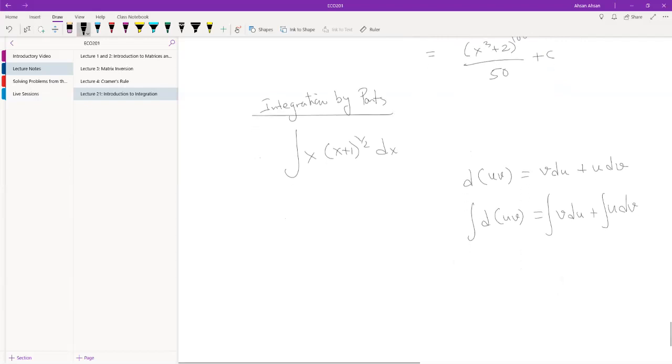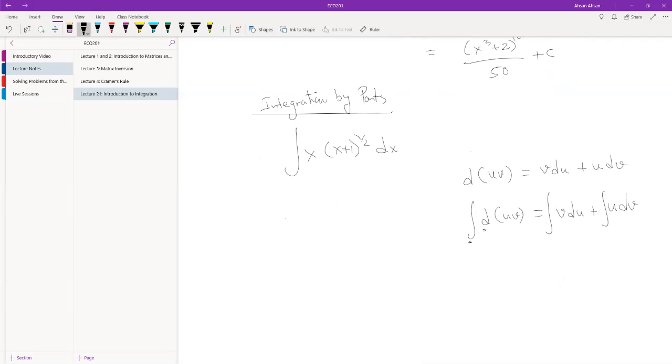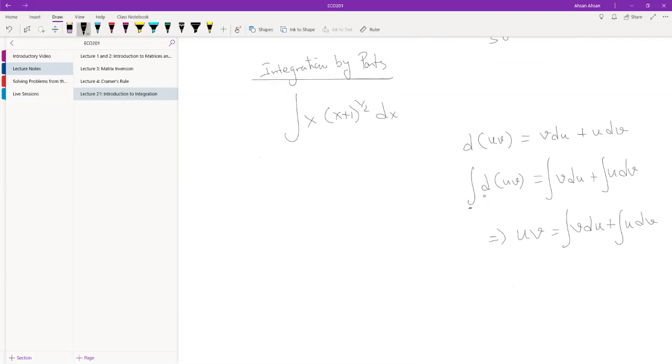So now we have integration and a differential. So this becomes uv equals integration of v du plus integration of u dv. So what we can write effectively is that integration of v du is equal to uv minus integration of u dv. And this is the formula that we are going to use to solve this problem.